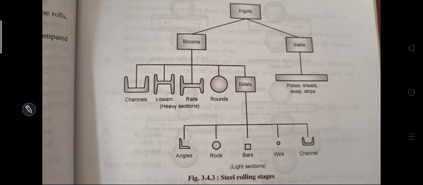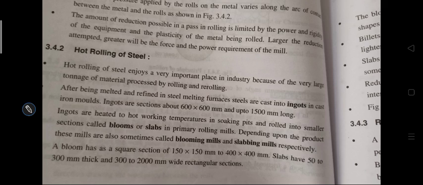What is the hot rolling of steel? Hot rolling of steel enjoys a very important place in industry because a very large tonnage of material is processed by rolling and re-rolling.